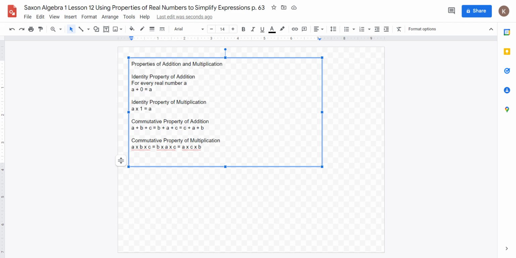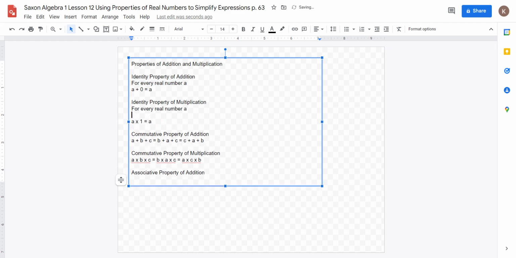Now we talk about another property that you may have heard of, the associative property. And there's an associative property of addition and an associative property of multiplication. And again, just like with the commutative property, the associative properties are going to be pretty much exactly the same. So again, I should be putting these statements here. So I'm just going to go back up and do this.